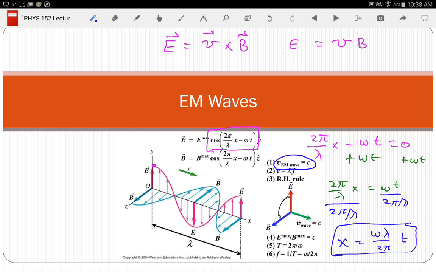Yes? If it's V cross B, wouldn't E be the other direction? Okay, so let's look at this. If I have this picture, if I put my, you're right, it has a minus sign. You are correct. I was wrong. Darn it.